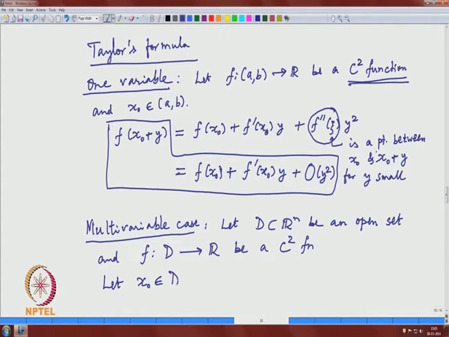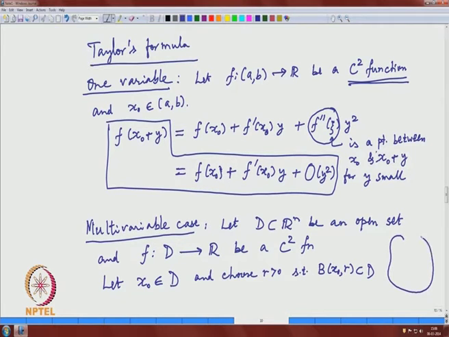Since we are assuming D is open, choose R positive such that B(x 0, R) is also contained in D.